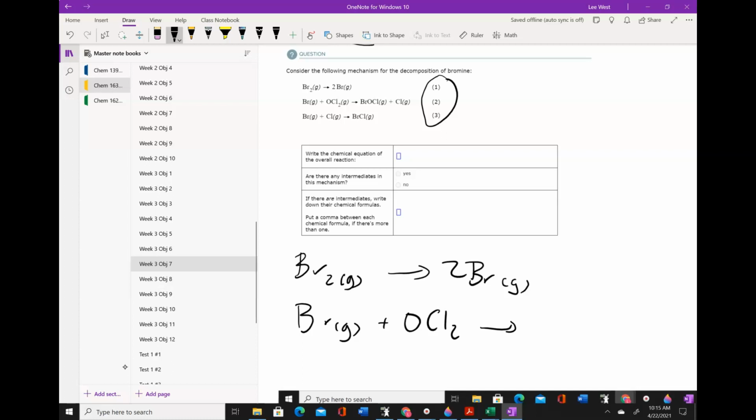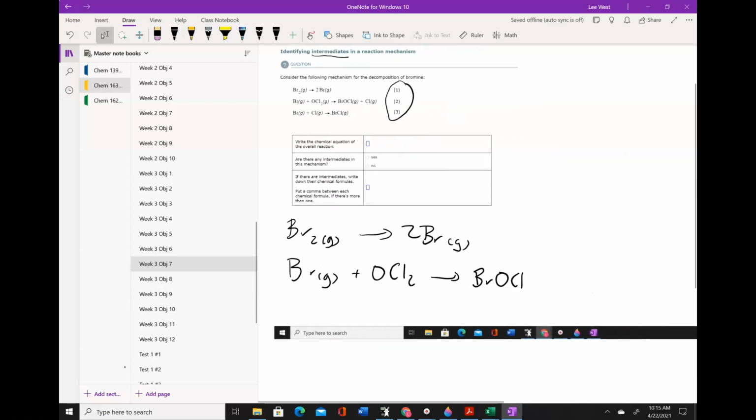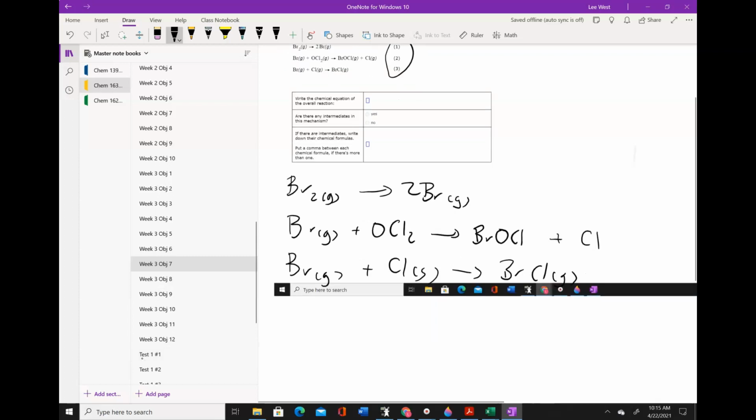So we're going to add these elementary steps together, in a style similar to how we add together half equations when we're balancing redox equations, or when we're adding together equations and doing things like Hess's law. So here we go. And like I said, what you're looking for are things that appear in both the products and the reactants in different steps.